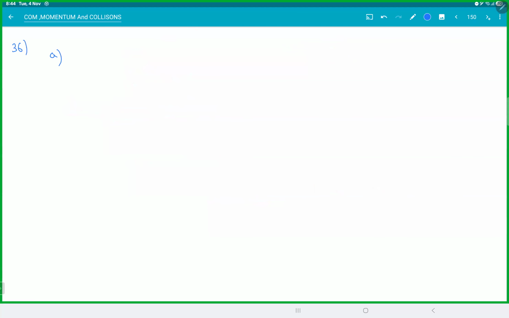So let's say we have a block of mass m. A bullet of mass m comes at an angle, hits the block at an angle theta, and the speed is u. The floor is smooth.